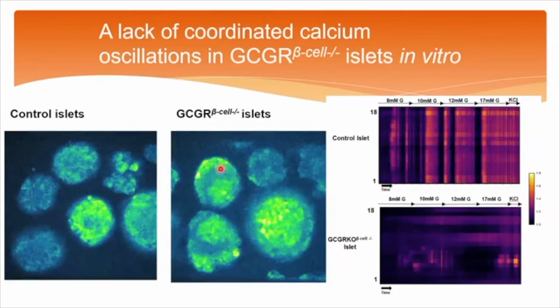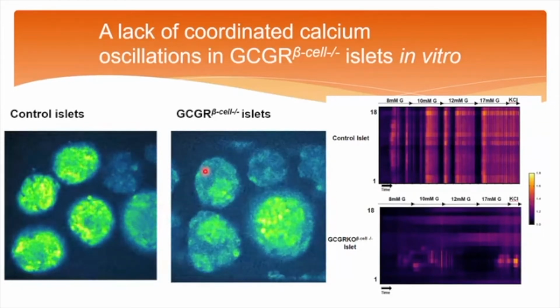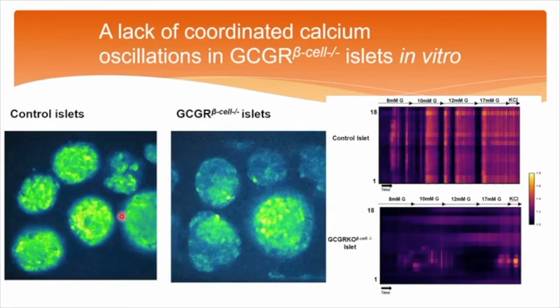And perhaps you can see in this video here, this is at 12 millimoles glucose, you can just see these islets here, the knockout islets, look much less coordinated, and what we tend to see is this sort of rim of activity, but it doesn't quite end up as a pan-islet calcium wave.